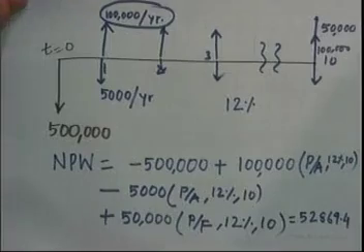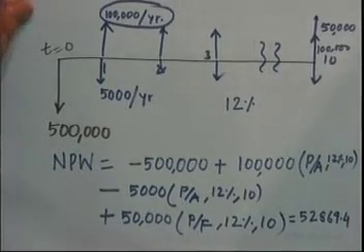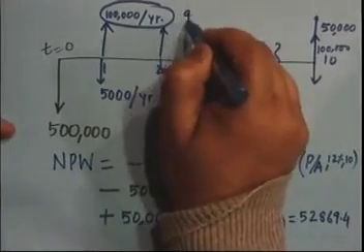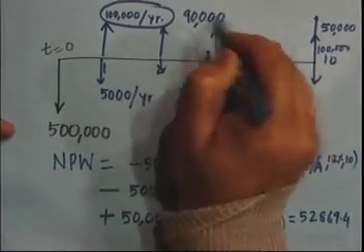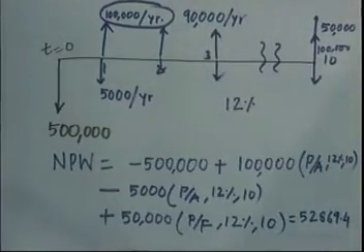I will recalculate my net present worth with this value as 90,000. The incoming value has decreased by about 10%.